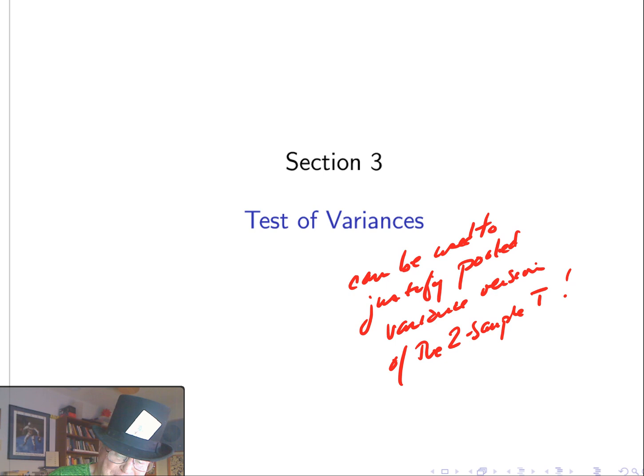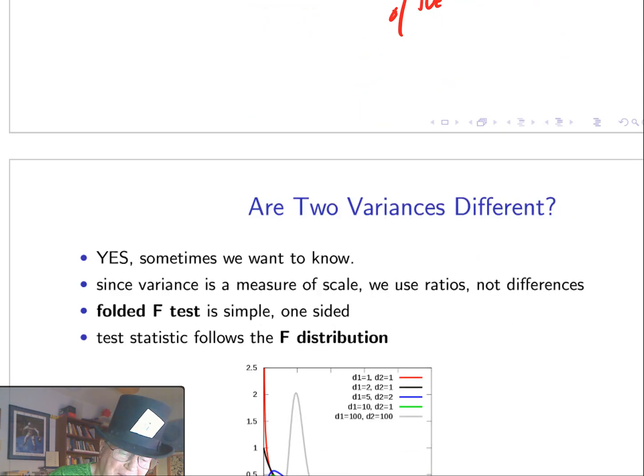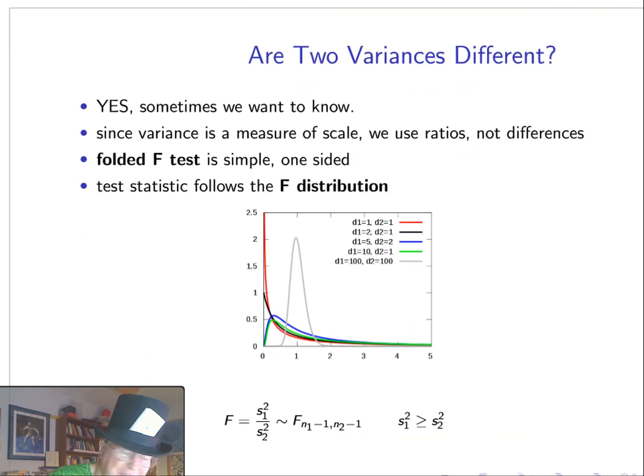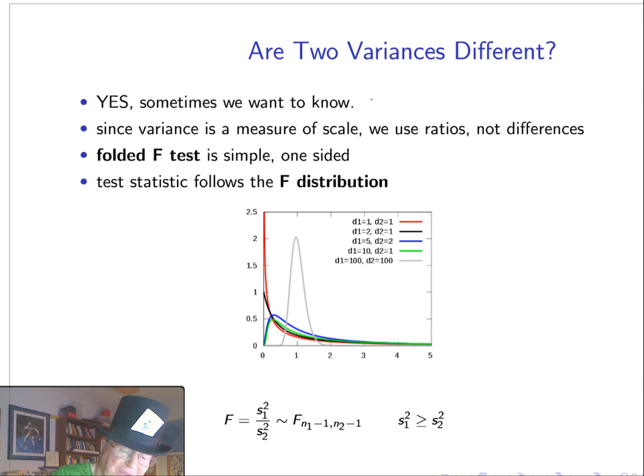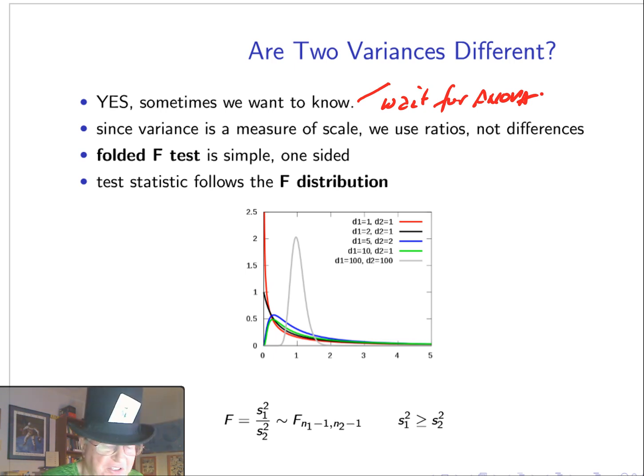Now, comparing variances is really quite easy. We really want to know this sometimes. Again, I'm going to say wait for ANOVA. So when you start studying ANOVA, you'll see that we do this test a lot.